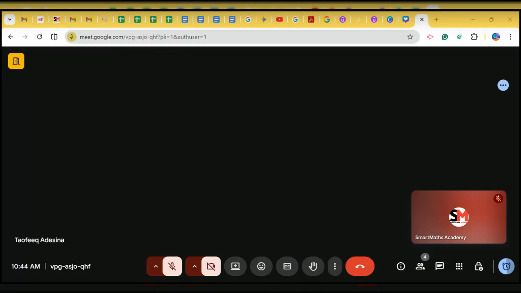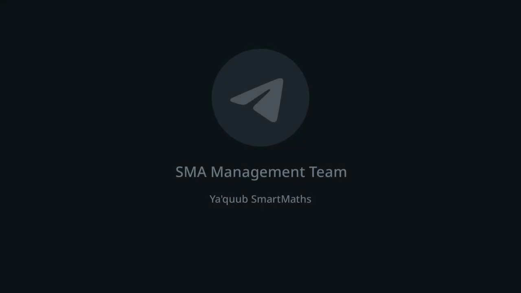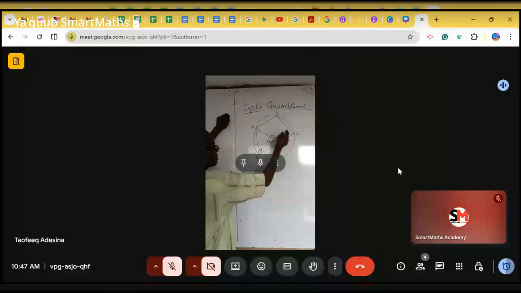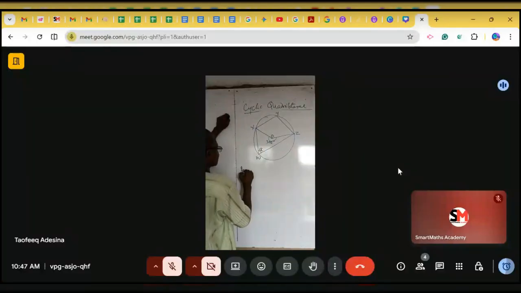There are ways to solve this. I can just find the reflex angle, which equals 360 minus the given angle, since angles at a point add up to 360.